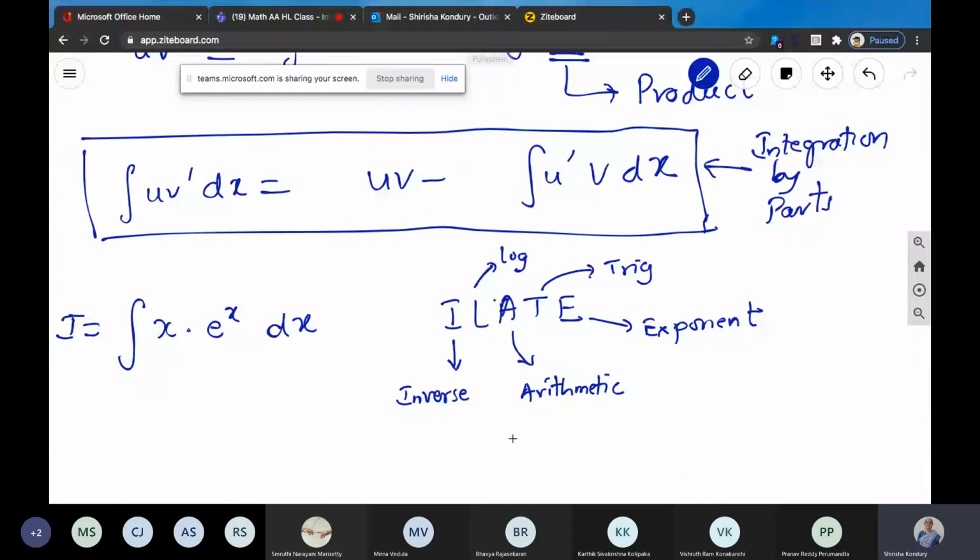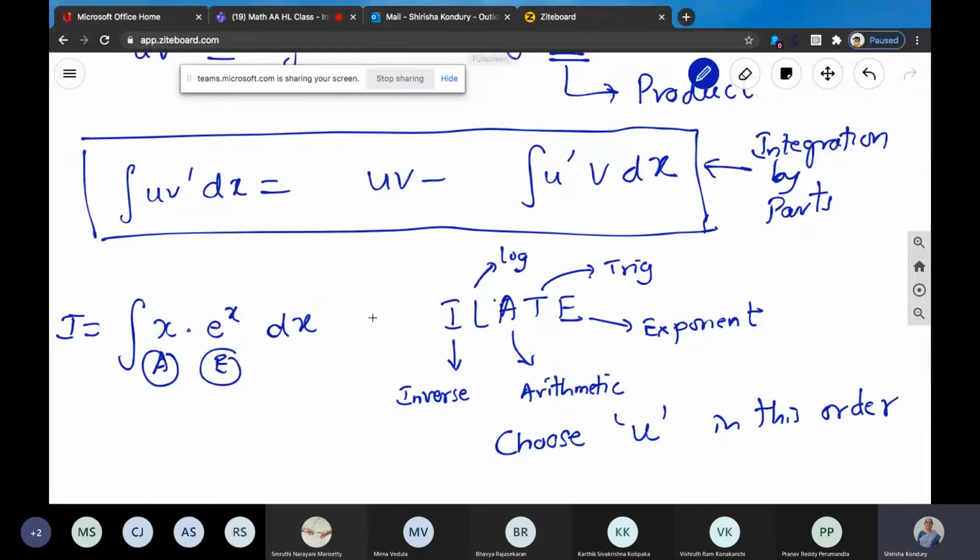I will choose the function u in this order, in the order of ILATE. So if I have two functions, the one which is ahead is u. For example, here I have an arithmetic function and an exponential function. In my ILATE, A comes before E. Therefore, x will be u and e raised to x will be v.